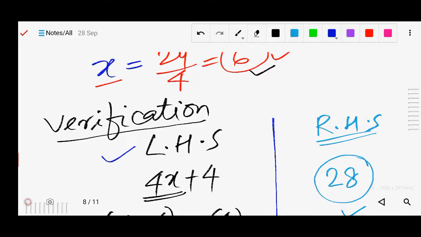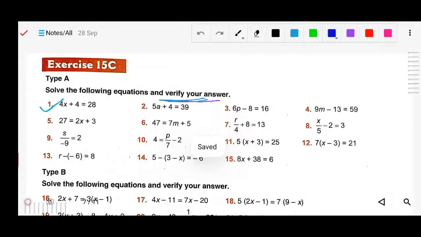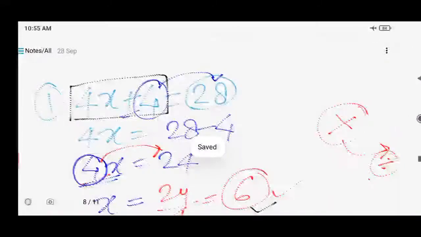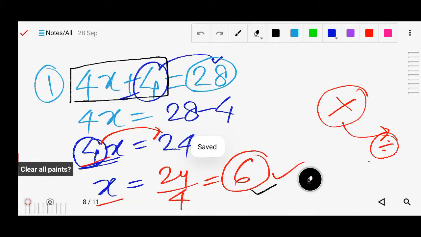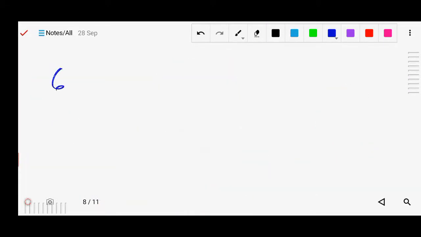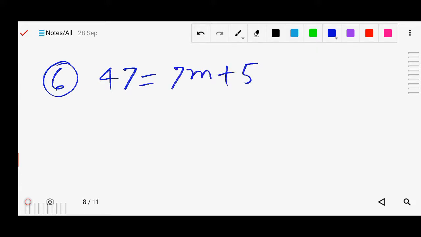Now next question. Next I will solve number 6: 47 equals to 7m plus 5. Okay, let's do this one. First of all we will change the side.